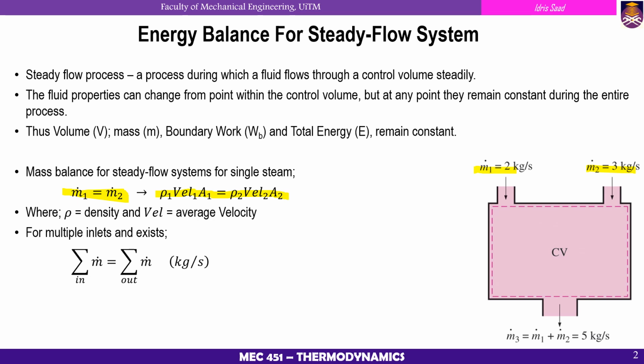However, if we have multiple inlets to the system as well as multiple outlets of the system, then we can write the mass balance equation as summation of the mass at the inlet is equal to summation of the mass at the outlet of the system.